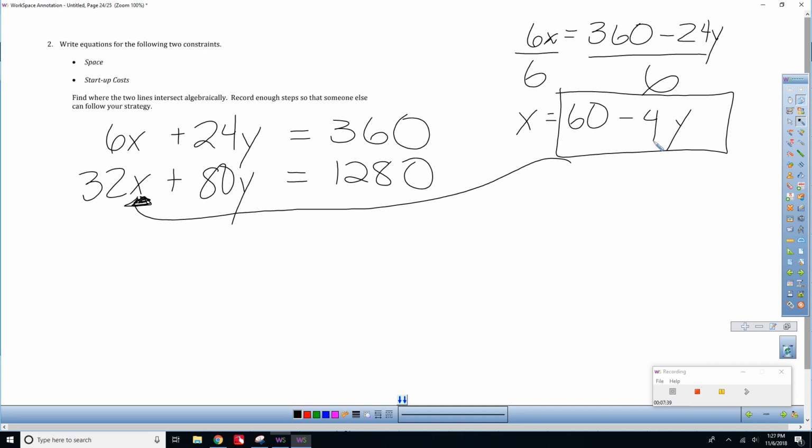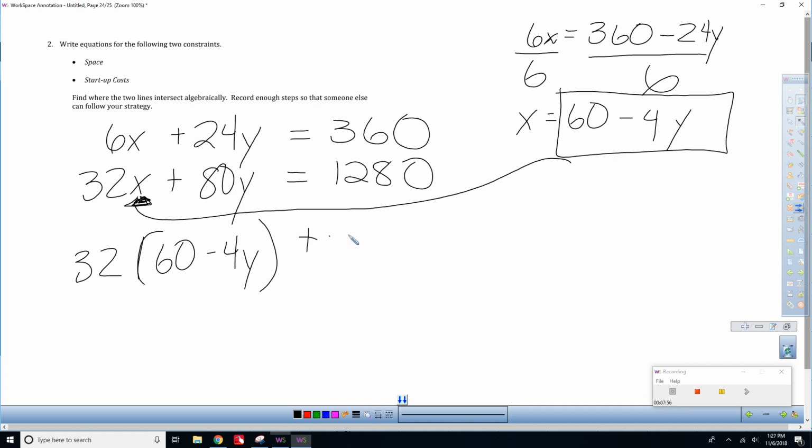So, I will have 32. Instead of x, what am I going to have there, Carson? Plus 24. So I've substituted it in. Okay, what's 32 times 60, Carson?